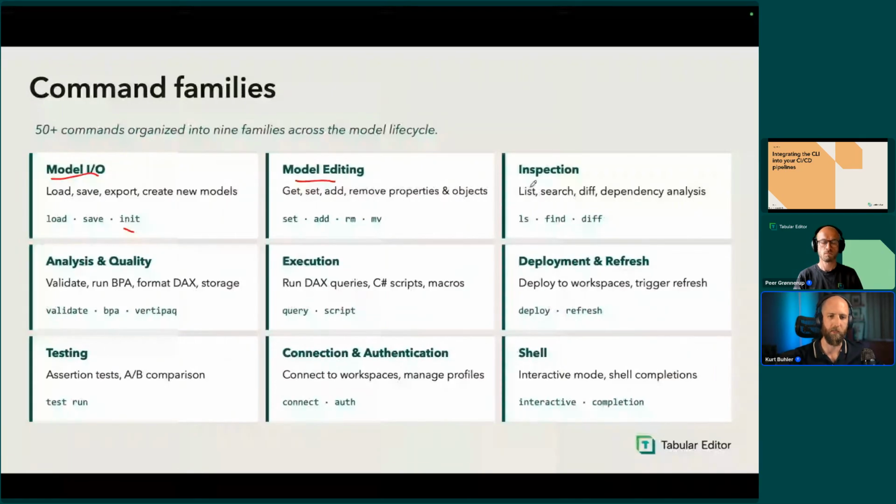Being able to inspect and search, to do a diff to see the difference between two models, similar to what you would do with ALM Toolkit, for example, looking at dependency analysis, as well as being able to analyze the model. This is for optimization use cases like Vertipack analysis, the BPA, and being able to validate the model, which is particularly useful if the TMDL is being mutated in any way.